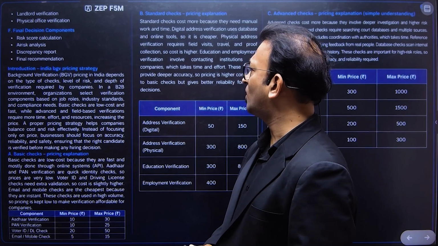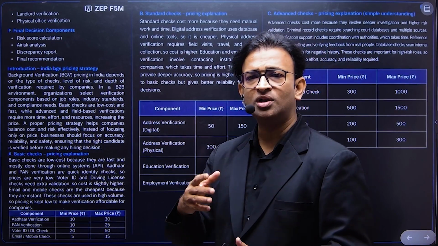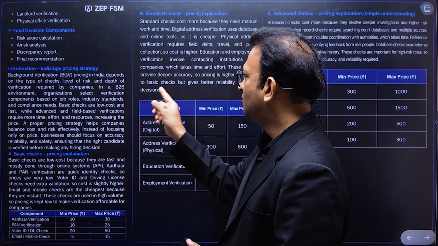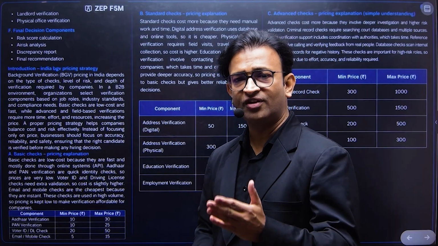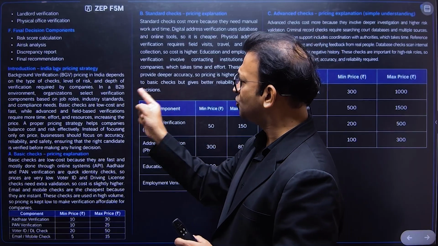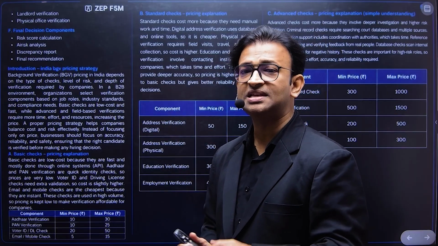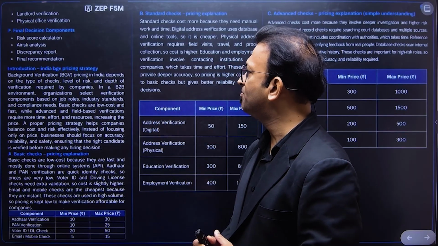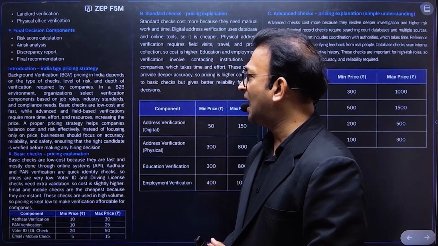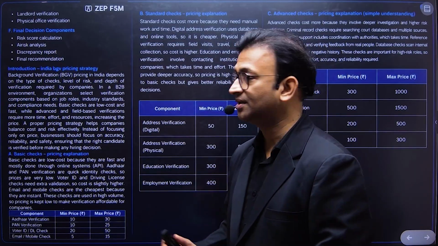Background verification pricing in India depends on the type and category of checks, the level of risk and the depth of verification required by the companies. In a B2B environment, organizations select verification components based on job roles, industry standards, and compliance needs.